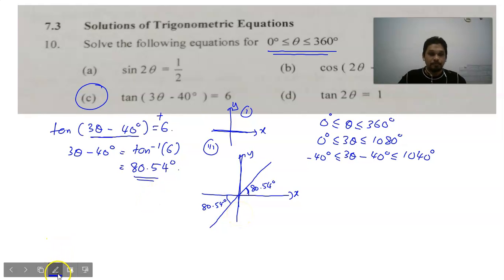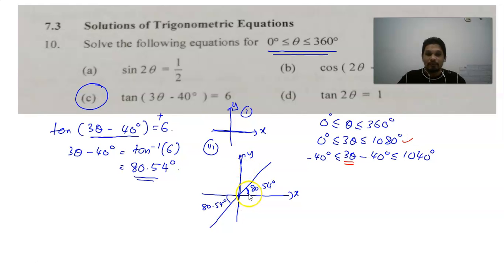Okay. Because 3 theta, meaning we are going to make a complete cycle of degree here, which is the first cycle 360, then second 720, and the third is 1080 degree, just like this one here.